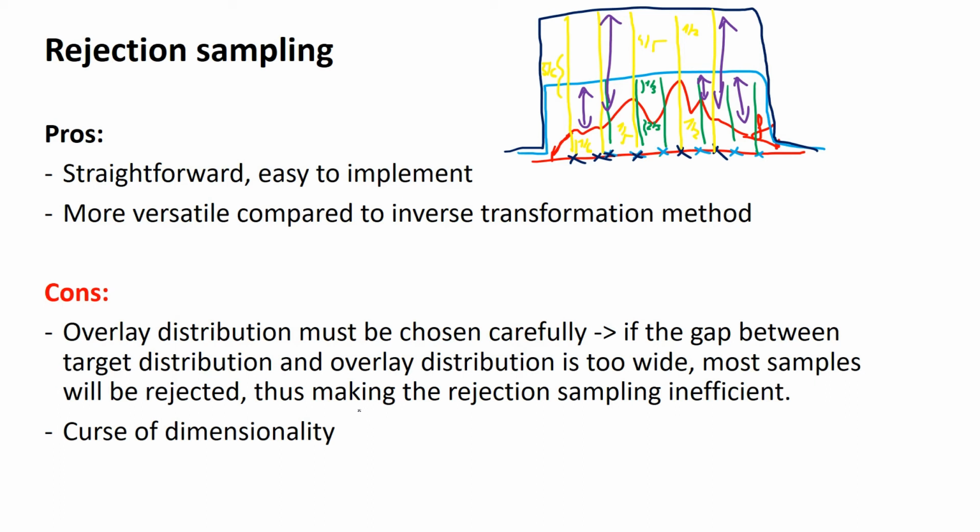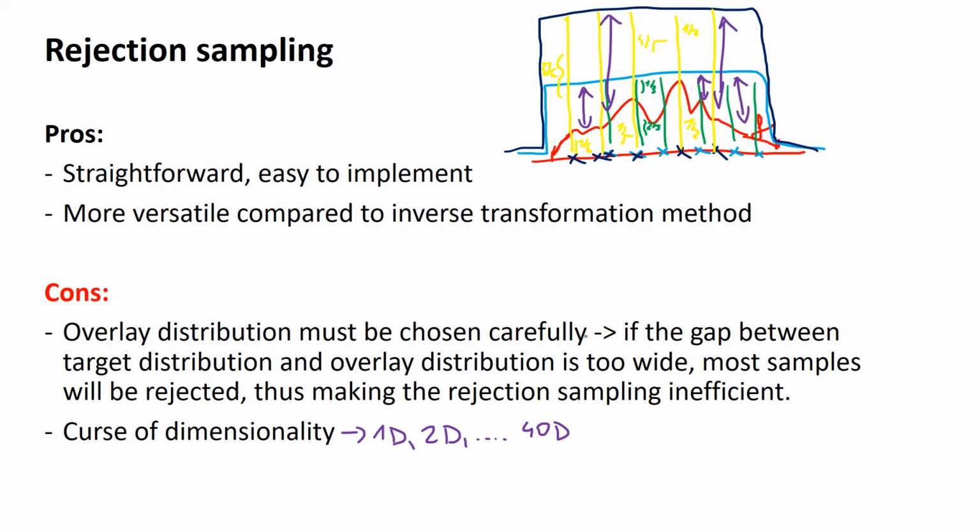So overall, rejection sampling works quite well in 1D, it works quite well in 2D, but when we get higher, like 40D, then it starts to be really inefficient.